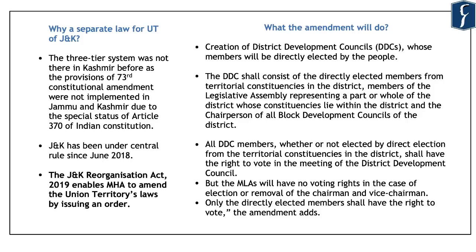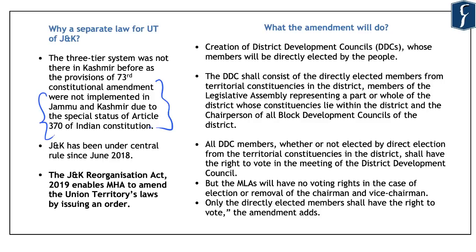This was not implemented because of the special status that it enjoyed under the Indian Constitution according to Article 370. As the 73rd Constitutional Amendment Act was not applicable to the state, local governance in J&K continued to operate under the Jammu and Kashmir Panchayati Raj Act of 1989.